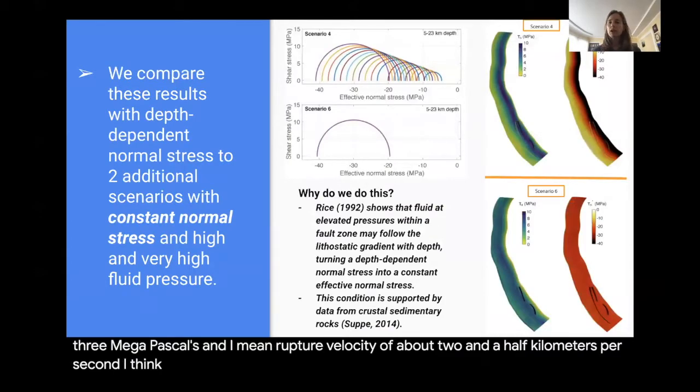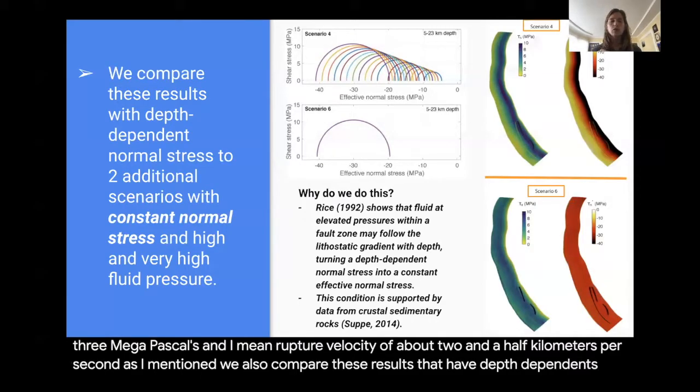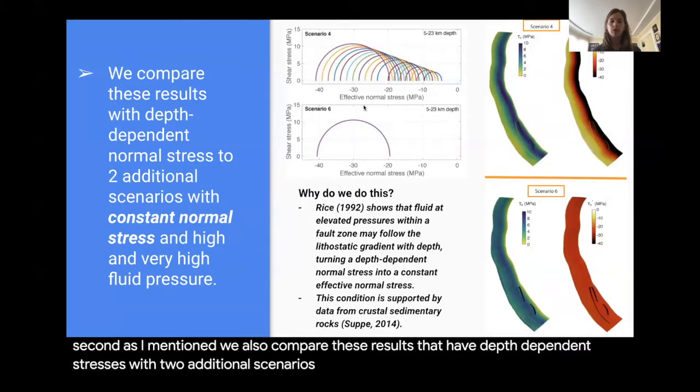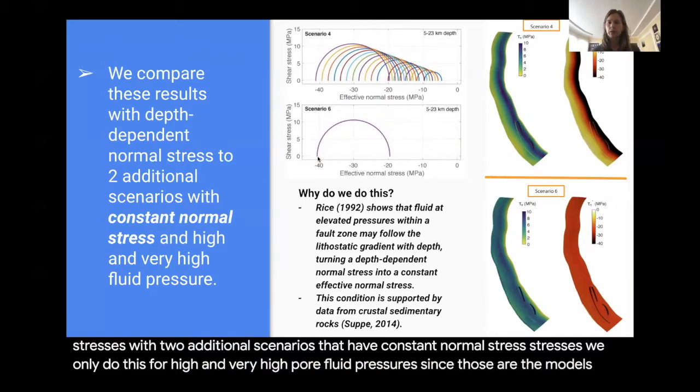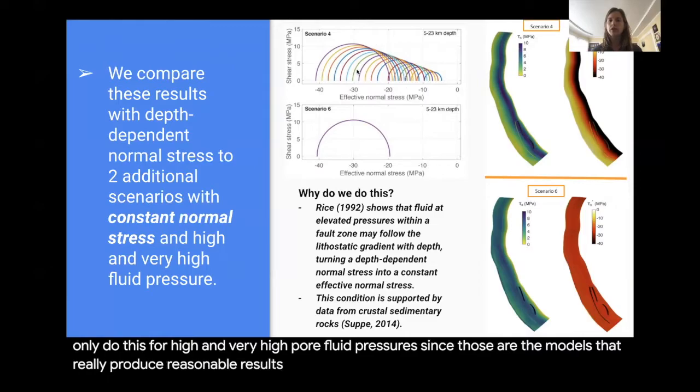As I mentioned, we also compare these results that have depth-dependent stresses with 2 additional scenarios that have constant normal stresses. We only do this for high and very high pore fluid pressures, since those are the models that really produce reasonable results under these depth-dependent stress conditions.